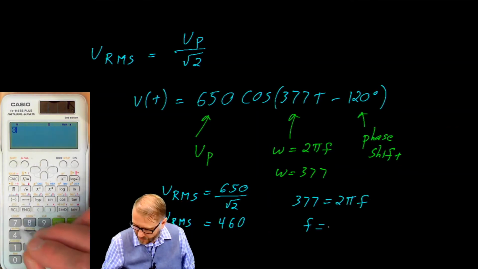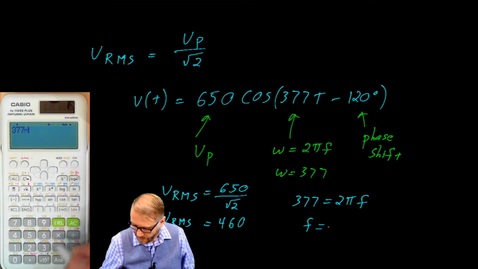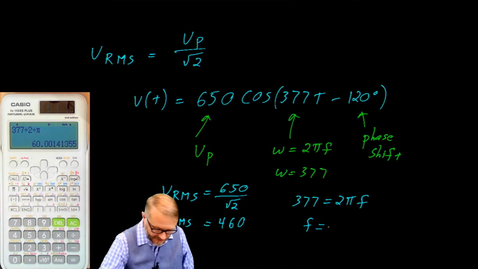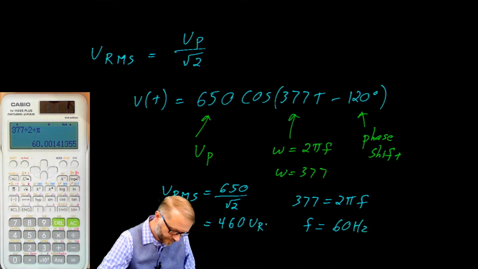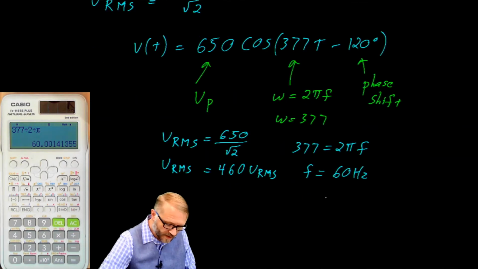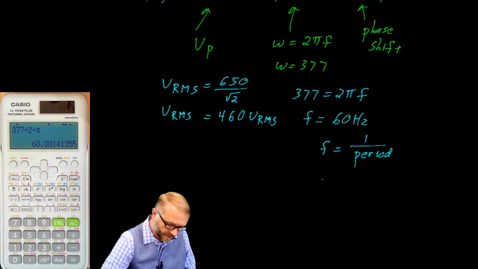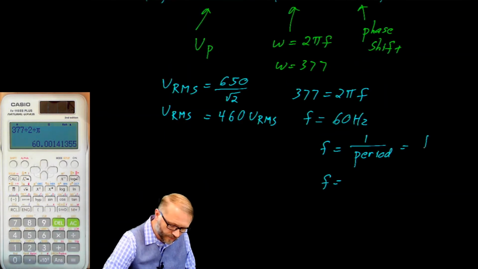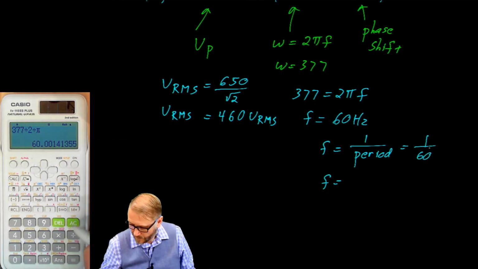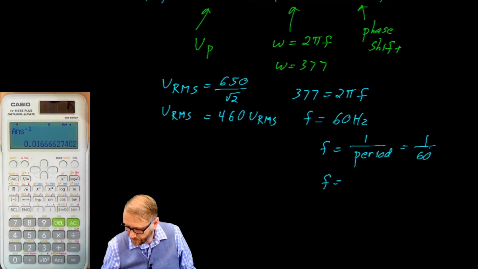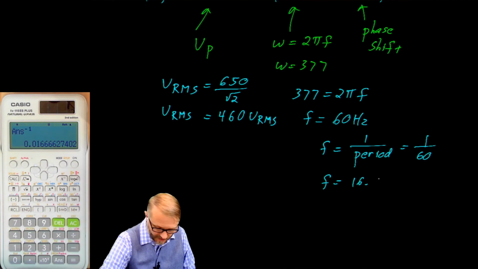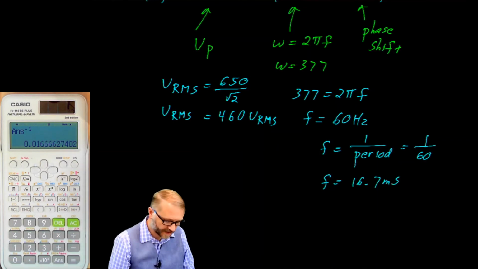Solving for f, 377 divided by 2 divided by pi gives us 60 hertz. We also know that frequency is equal to 1 over the period. In this case, that's 1 over 60. So 60 inverse gives us 16.7 milliseconds.